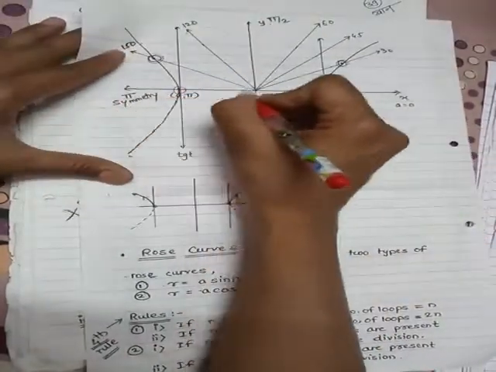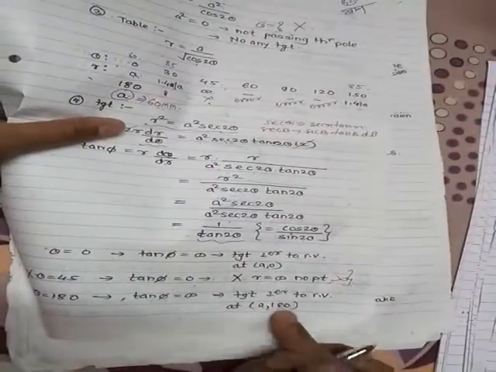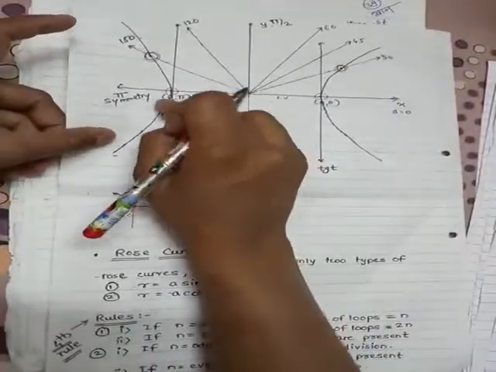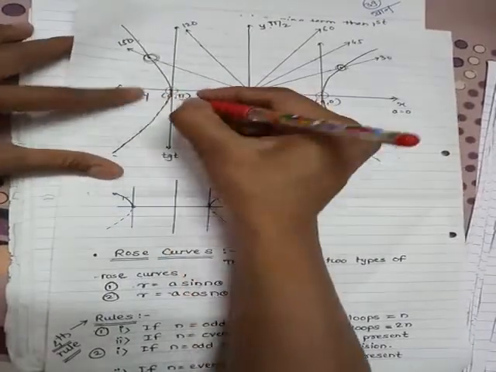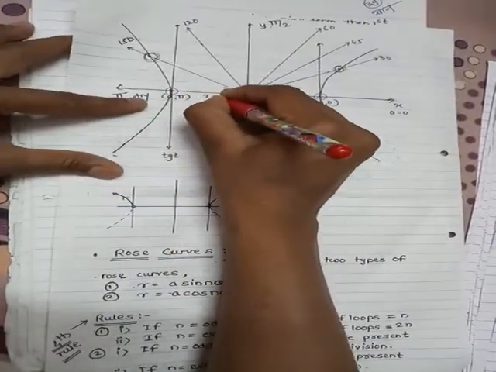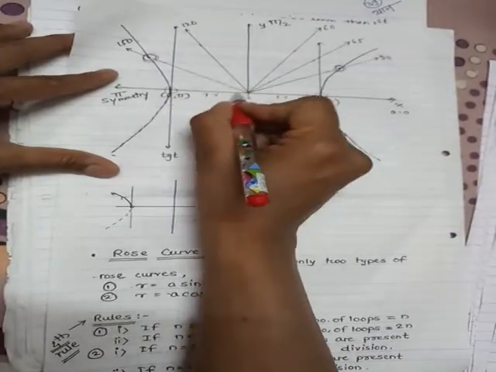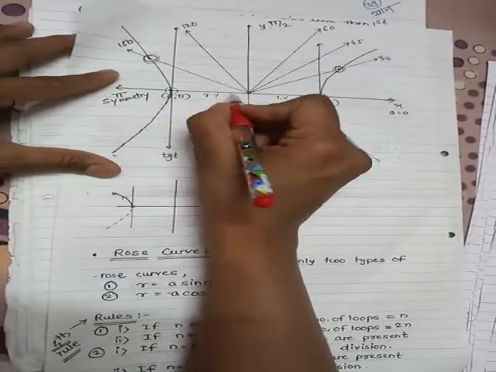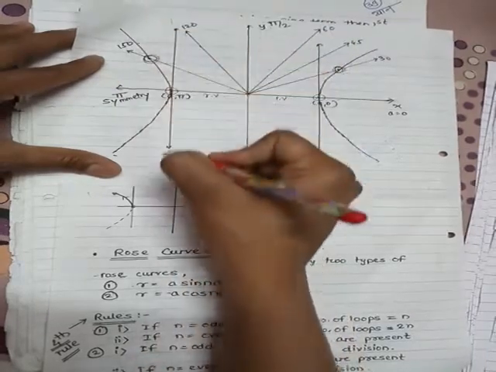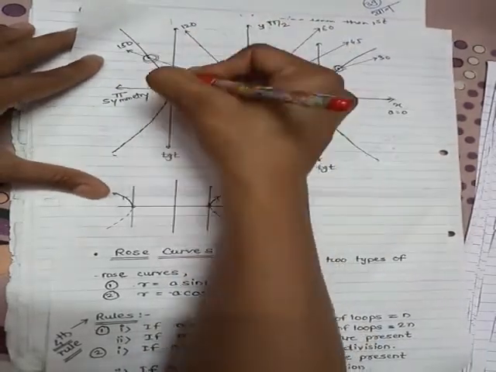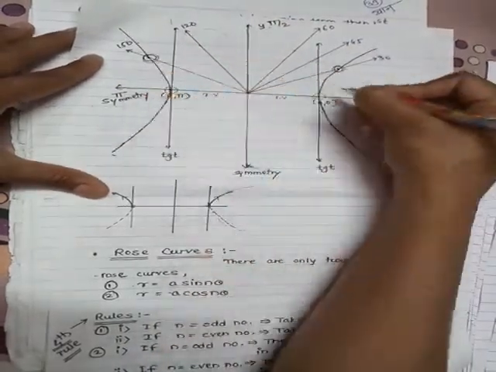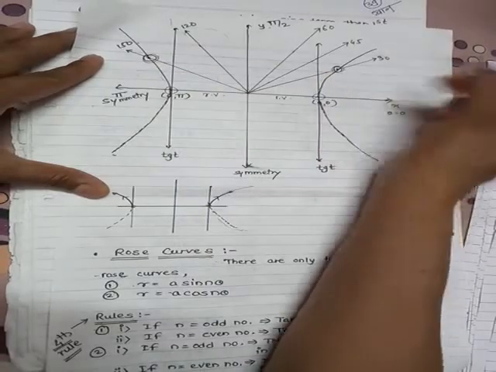Then the radius vector at A180 is this, and perpendicular to it at this point is your tangent. The curve is smooth at this point. So two tangents are there. So this is your curve.